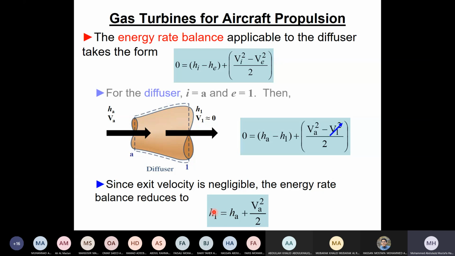If CP is constant, you can say T1 is equal to TA plus V squared over 2 CP. If it is variable, then you have to get this from the table. So you go at the temperature in the table, you get the enthalpy, and then you have the velocity here, and then you get H1, the enthalpy at the end.